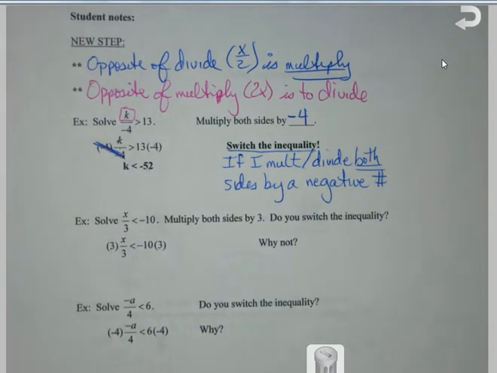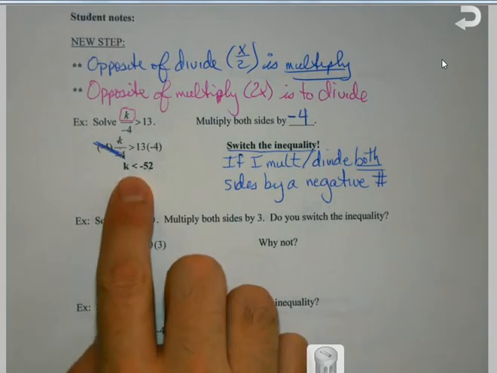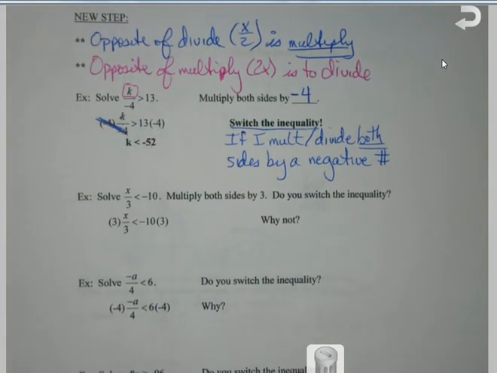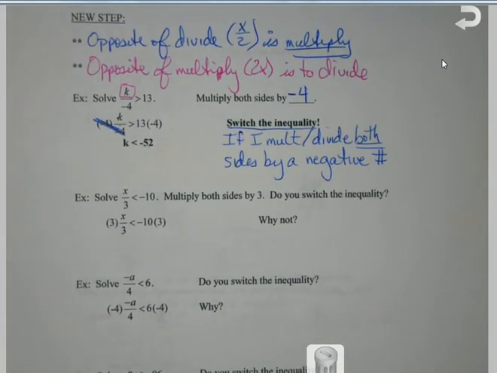So since I multiplied both sides by negative 4, I had to flip my arrow. I had to switch the inequality, because otherwise I'd get the wrong half of the answers, and nobody wants to do that. So if I multiply or divide both sides by a negative, I got to switch the arrow.